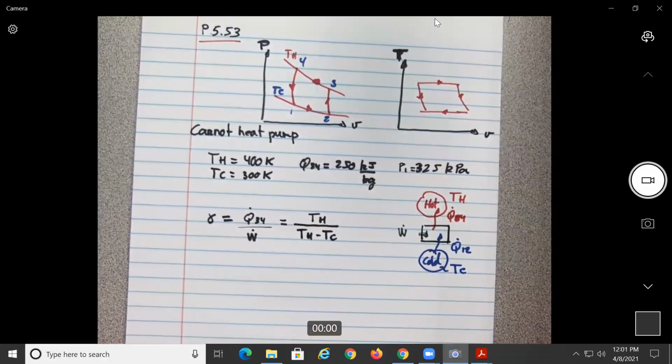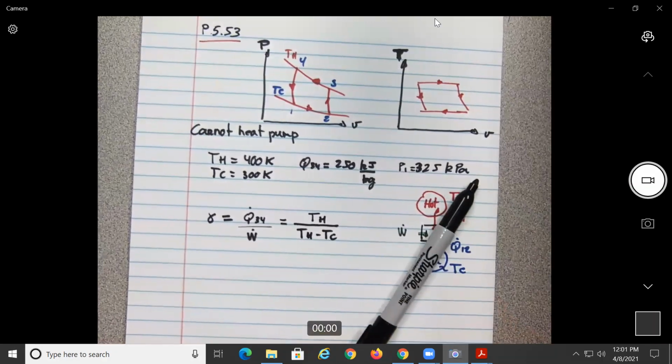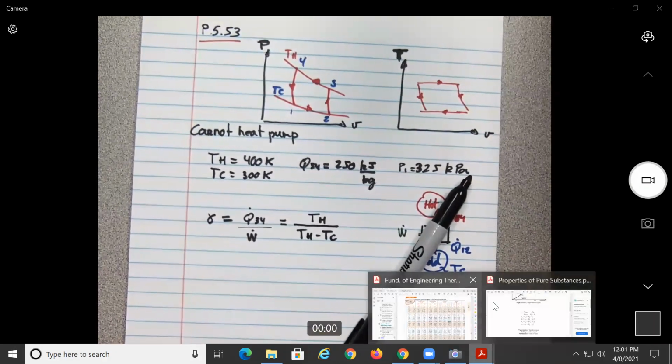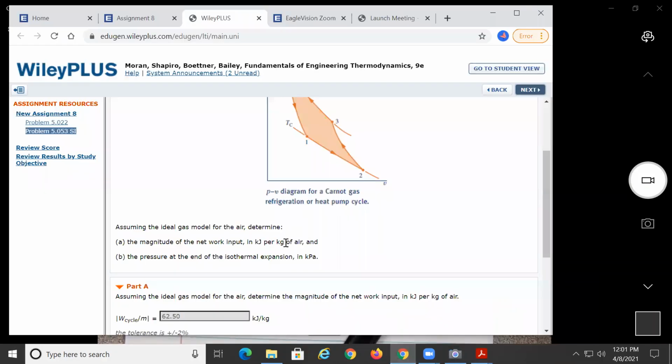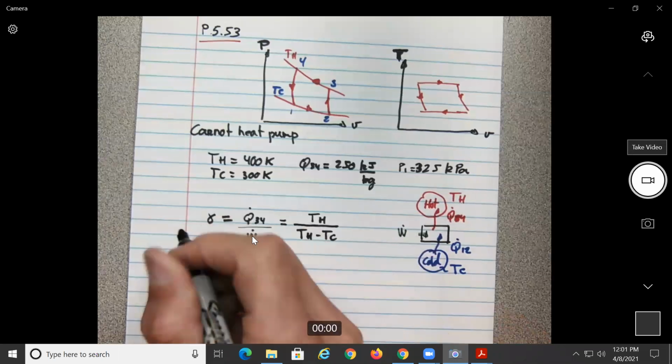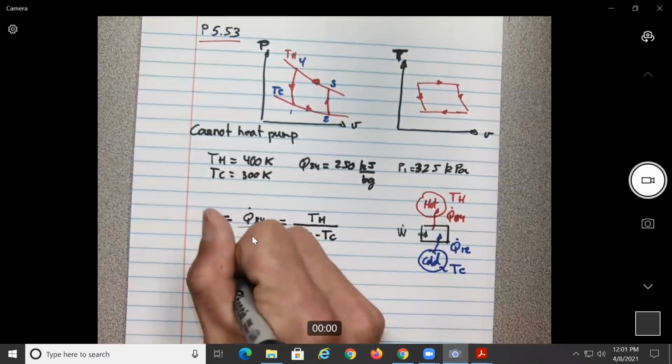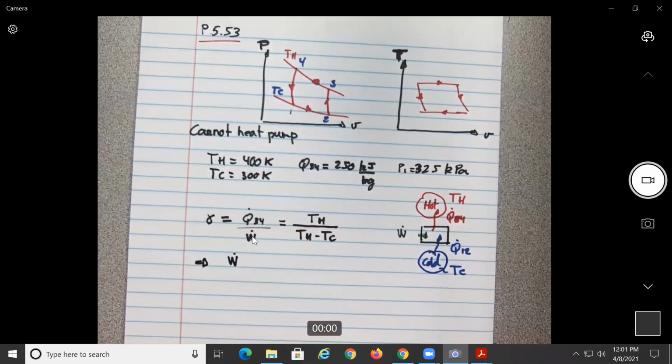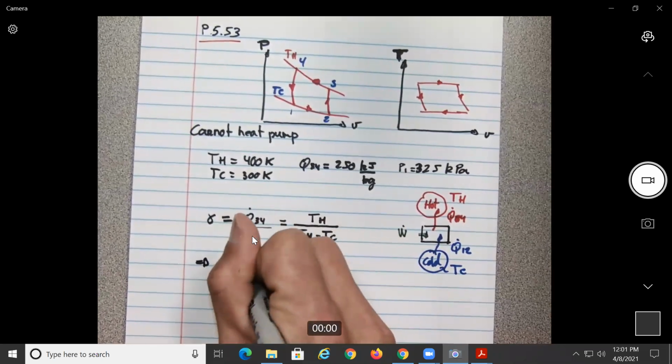Okay. So from this figure, what do we need to solve in this problem? Is the magnitude of the work input, okay, in kilojoules per kilogram. So what does that mean? We need to solve for this one, no? Okay, so from these two expressions, we can find then that the power will be equal to what?